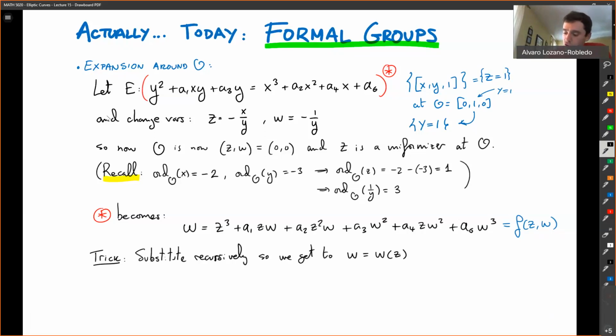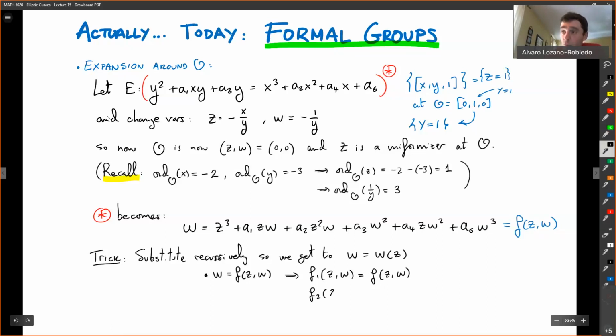Okay, so starting from W is f of ZW, the next step would be F1 of ZW is going to be f of ZW, so that's still the same function. The second step would be F1 evaluated at Z, and then W, which I know is f of ZW, so substitute in, and so on and so forth.